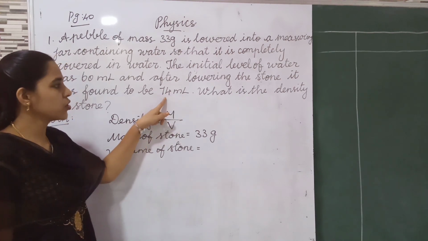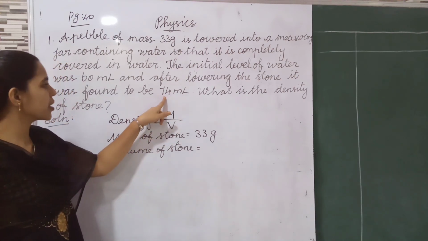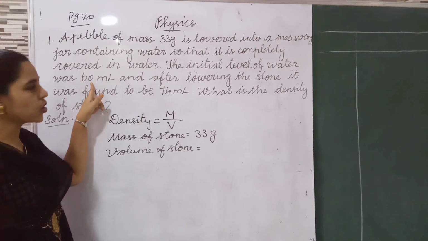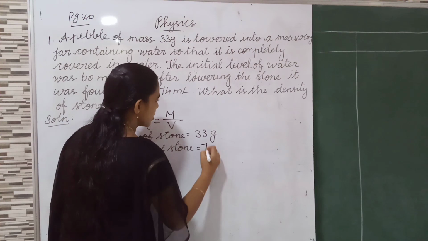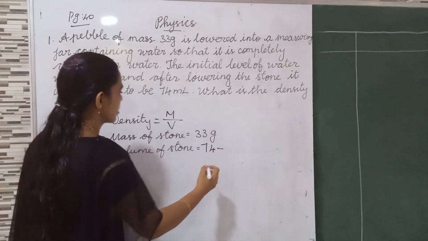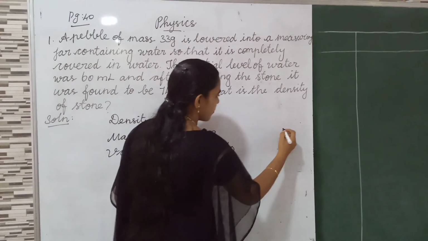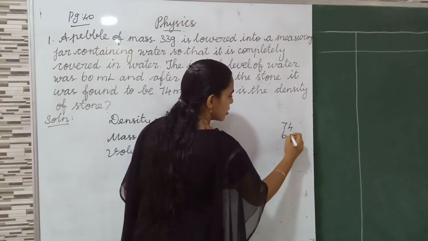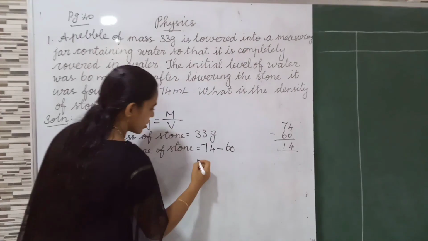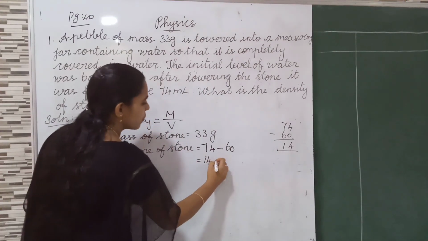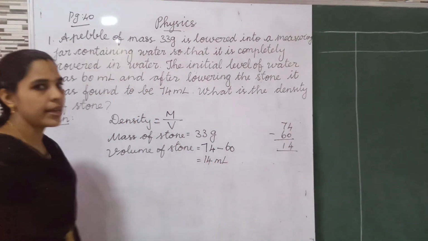Okay. So, we have to subtract 60 from 74. So, we can calculate the volume of stone. Okay. 74 minus 60. How many? 14. So, 14 milliliter.